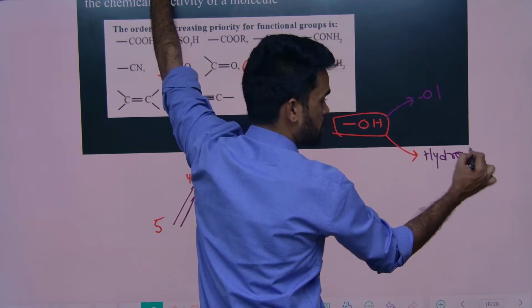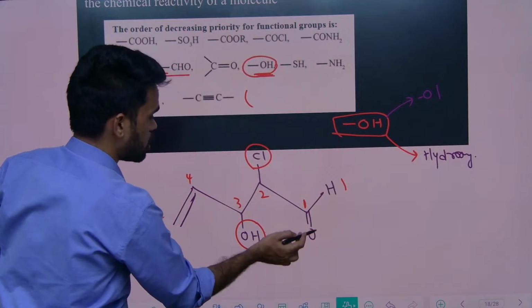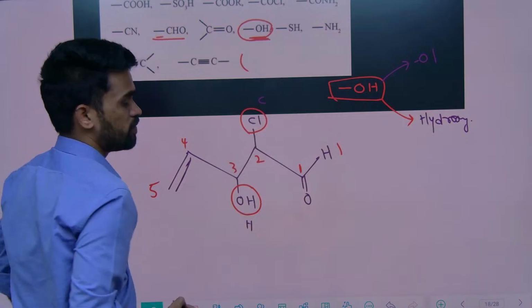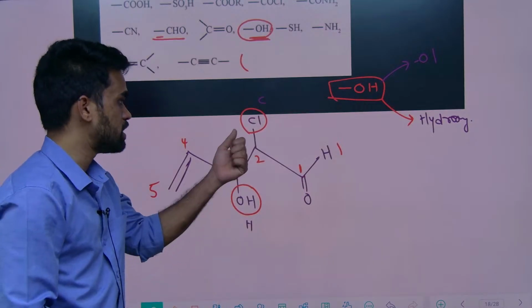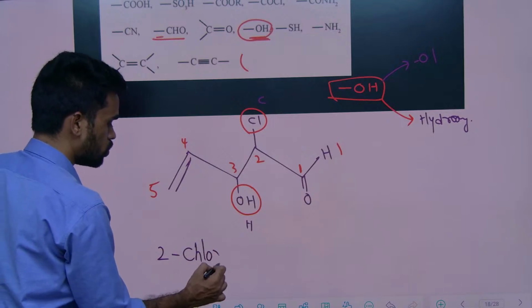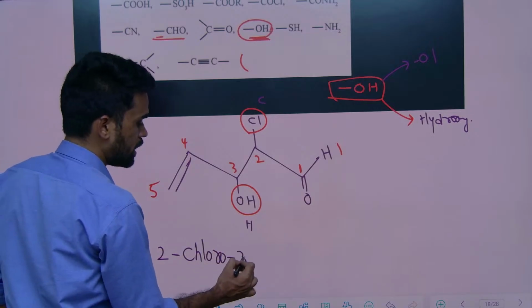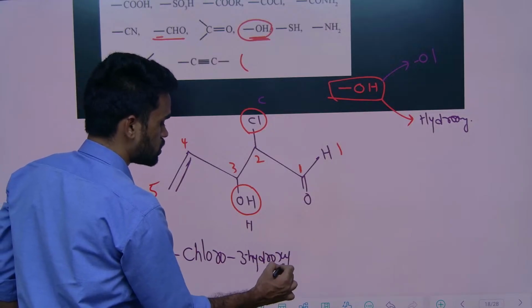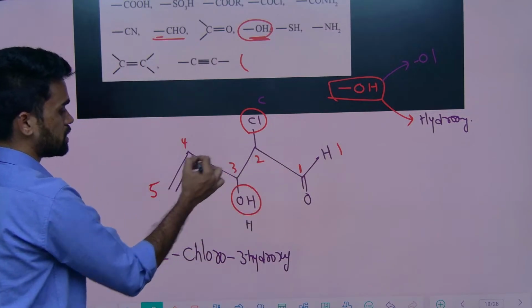So now what is the name of this compound? You tell me. Hydroxy, here H, hydroxy H, chlorine C. So which comes first in alphabetical order? C. So that's why 2-chloro. What I am writing? 2-chloro. Okay, 2-chloro, 3-hydroxy. Next, how many carbons are there? 5 carbons.